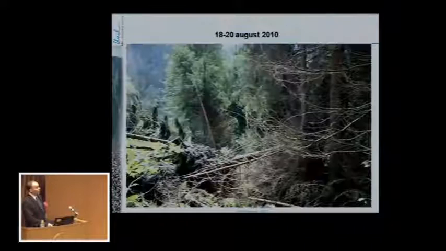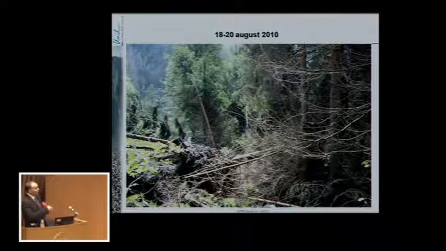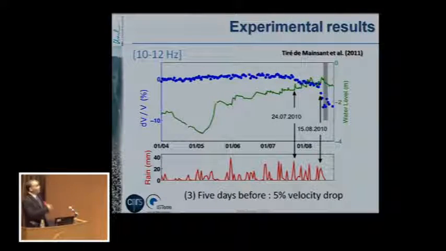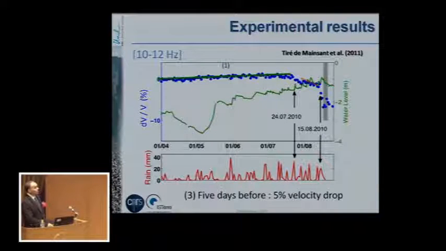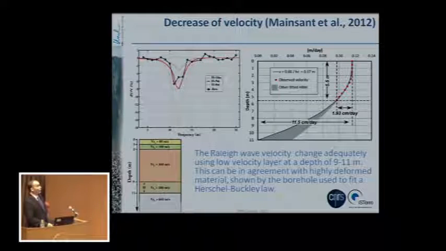And what we observed on the data, this is the situation just after the landslide, and this is the surface velocity, the shear wave velocity at the surface, and we see clearly before the collapse, a change a few days before, and then 5 days before, a drop in the velocity of this surface wave, just before the collapse.